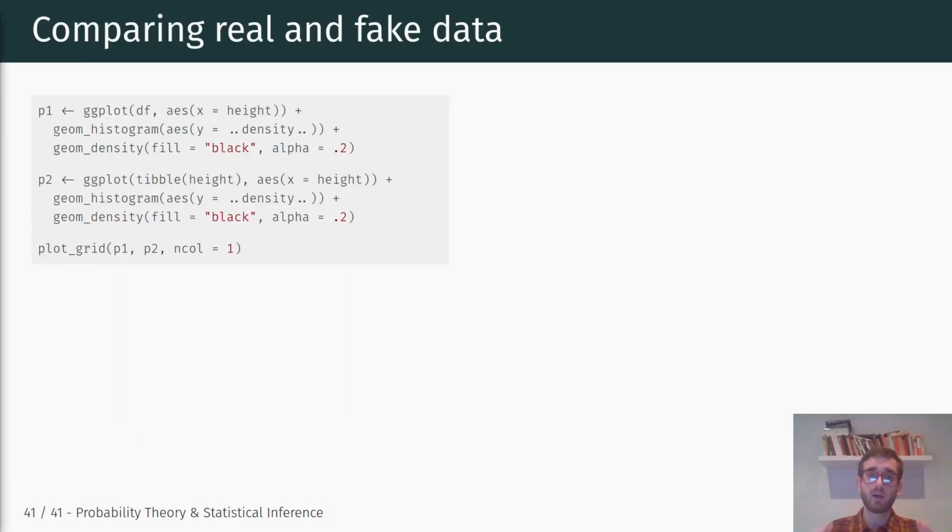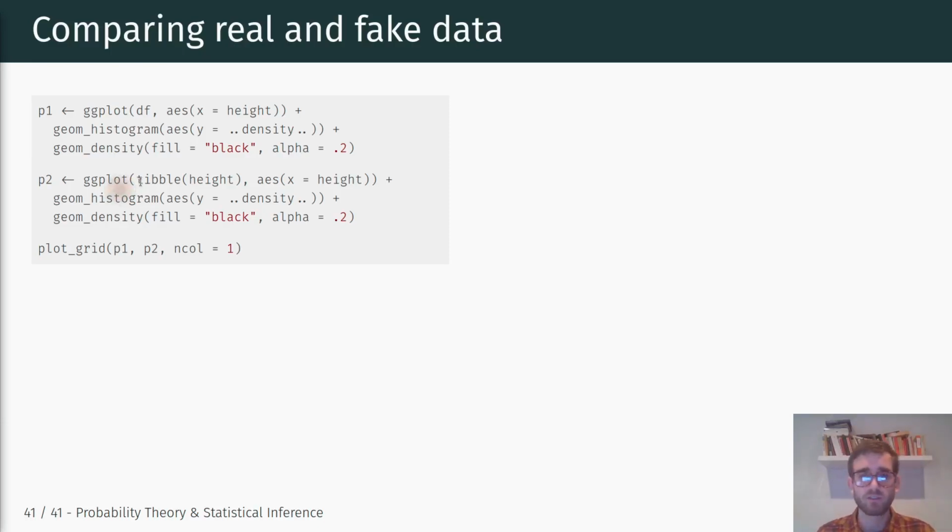And now the next thing we can do is compare real and fake data, right? Now we can go back to our initial histogram and density of the observed population in that data set, and the height of men and women that were part of this population.